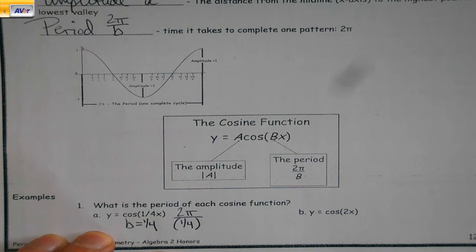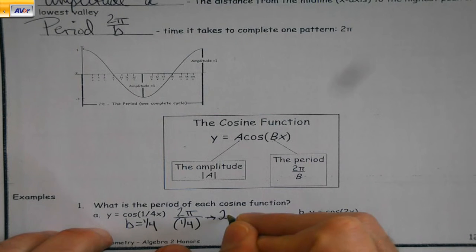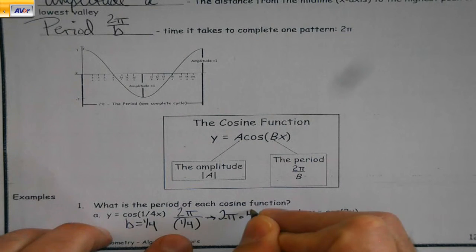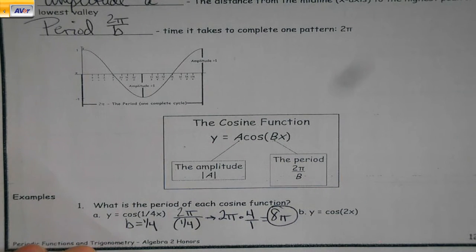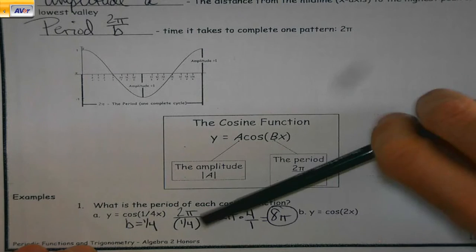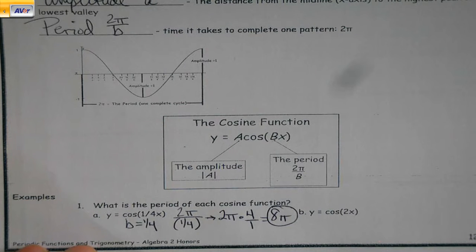We talked about you take the b value and you multiply by its reciprocal, by its flip. So we're going to do 2 pi times flip my 1/4 and get my answer. Now, could I plug that part into my calculator and then put the pi back on and get 8 pi? Sure I could. But not really necessary.